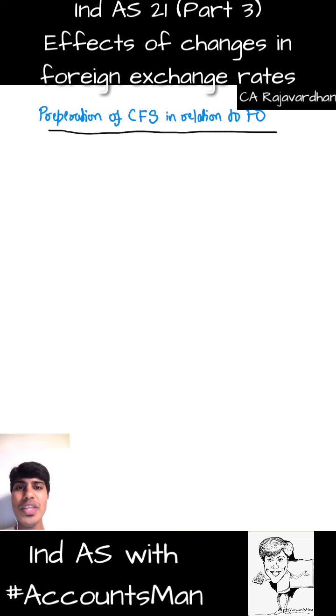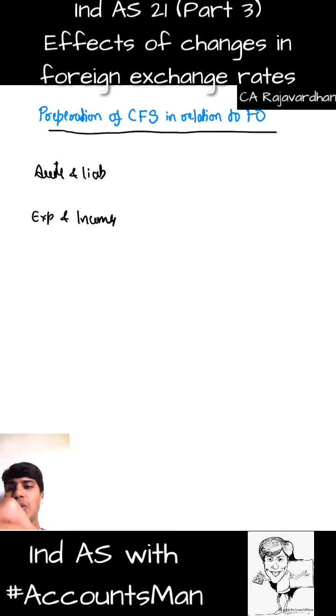Now, whenever we do this, we need to convert the assets, liabilities, expenses and incomes of my foreign operation, which are recorded in the foreign currency, to the functional currency of my parent company. So what am I going to do? We'll have assets and liabilities, we'll have expenses and incomes.